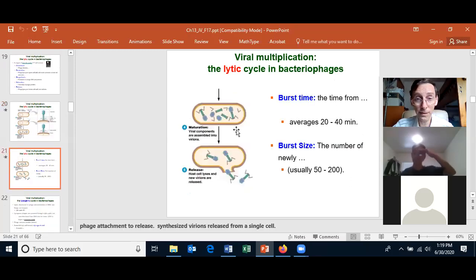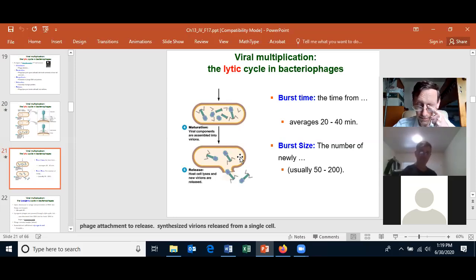The new virions will be assembled, and the last thing the viral genome does to the host cell is it lyses the host cell, and that releases the new virions. So the burst time is the time from infection of the host cell to the time when the host cell bursts, and the burst size is the number of new virions released.